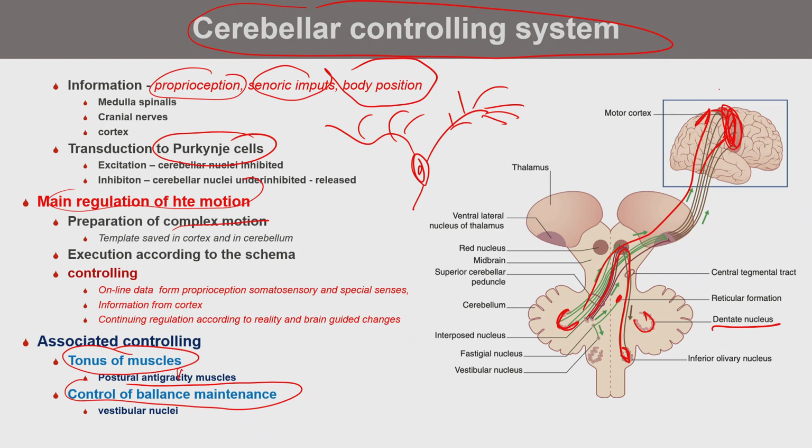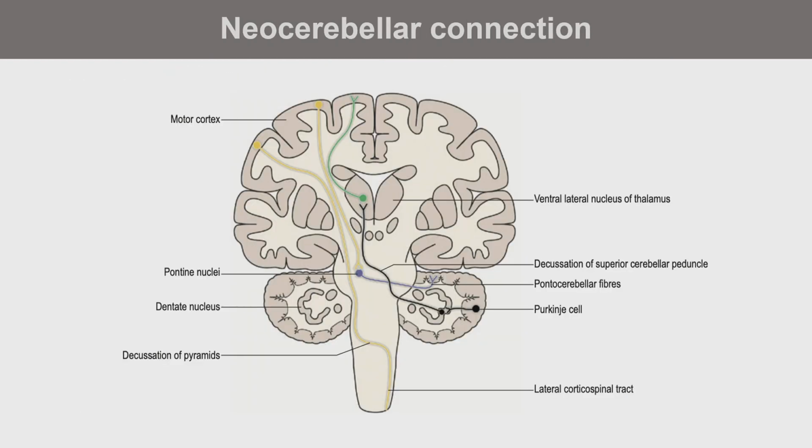So the red nucleus is for automatic motions, the reticular formation is for the tonus, which depends on sleeping or waking up, etc. So the neocerebellar connection is this connection: from the Purkinje cell through the dentate nucleus, then from the dentate nucleus to the thalamus, and the thalamus to the cortex, and then from the cortex we have a projection into the spinal cord and motor neurons, but the same way the projection is also back to the cortex.